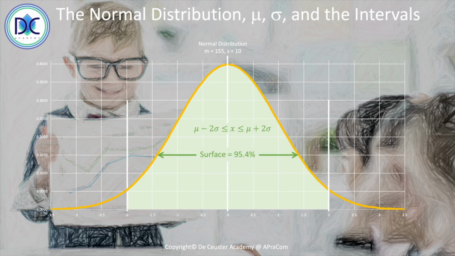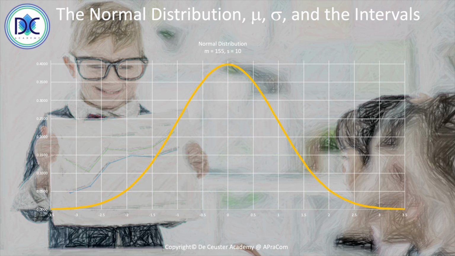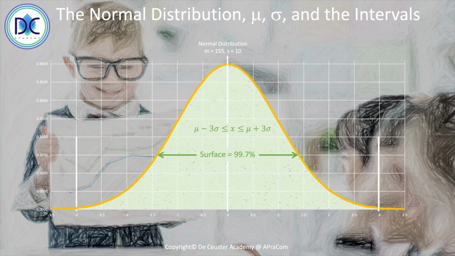So when we look at the 2 standard deviations, we know that this surface is equal to 95.4%. And the last interval, we're looking at 3 standard deviations. So we see basically that this surface is 99.7%. But it doesn't stop here. We're not at 100% because the distribution continues to the left and to the right.